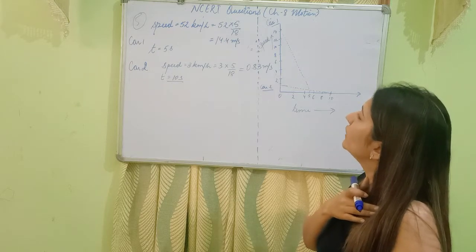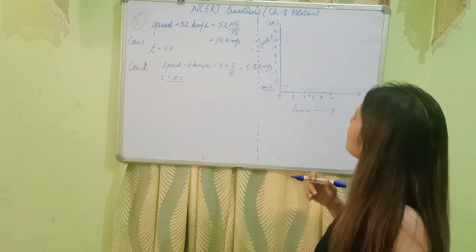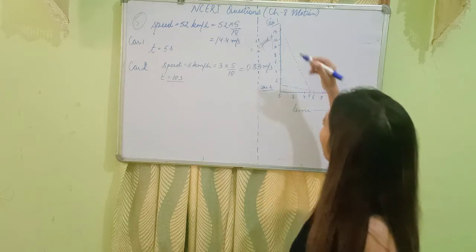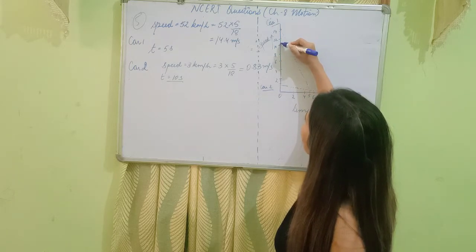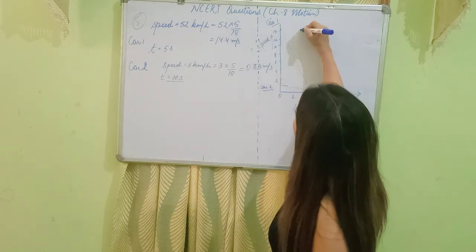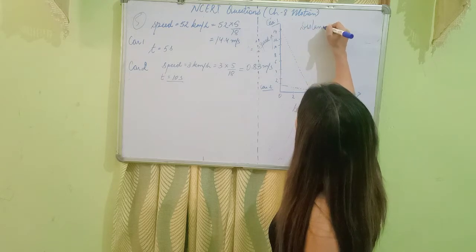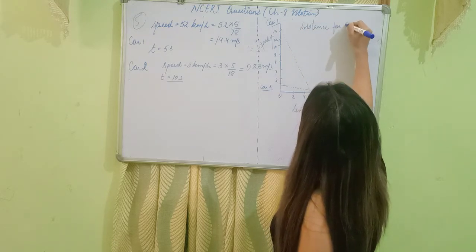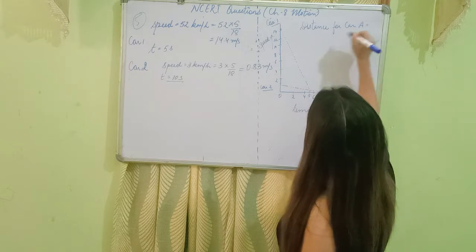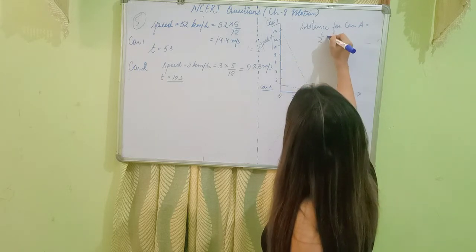Now you need to calculate the distance travelled. Distance travelled is again the area under this graph and the time axis. So distance covered for car 1, this is a triangle, half base into height.